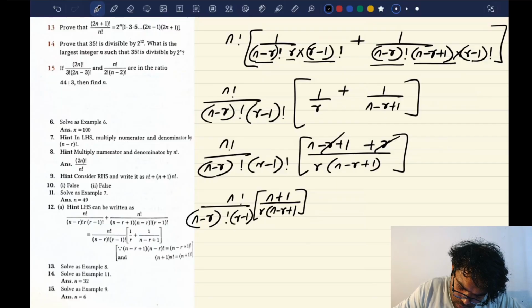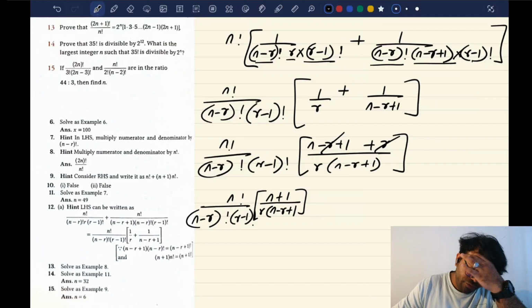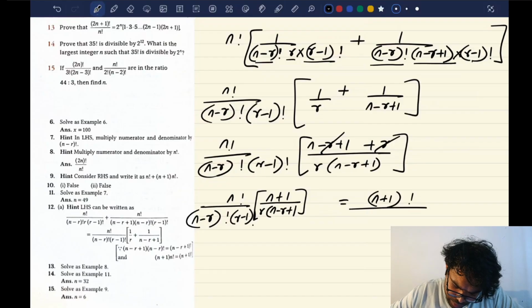Okay. n factorial into n plus 1 becomes n plus 1 factorial, right? Yeah. R minus 1 factorial into r becomes r factorial, right?